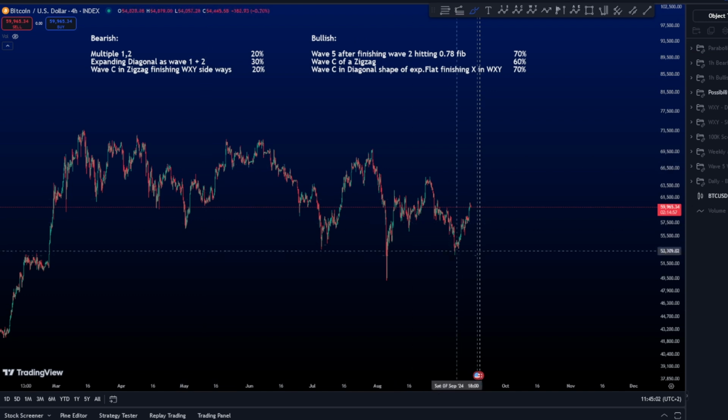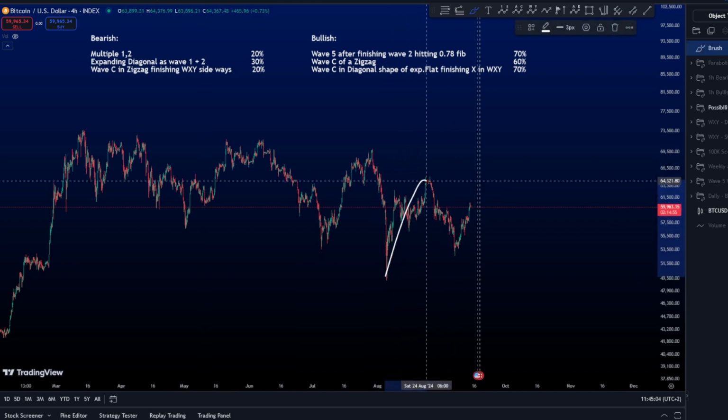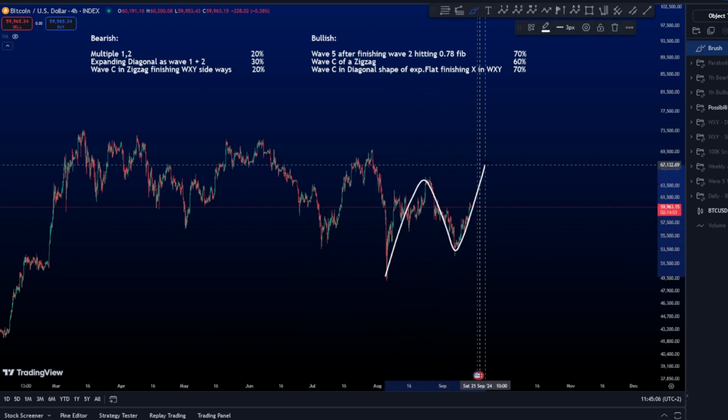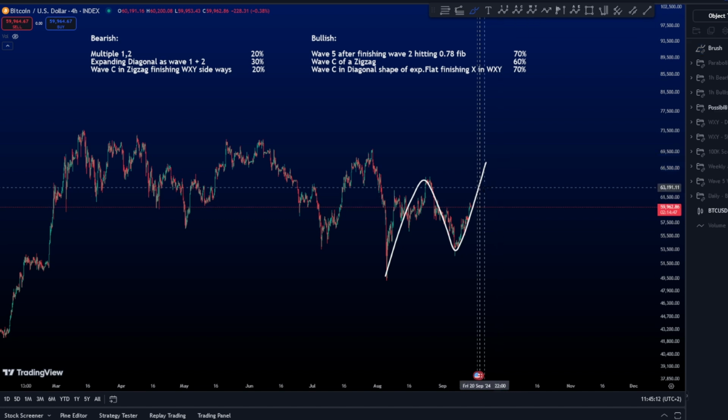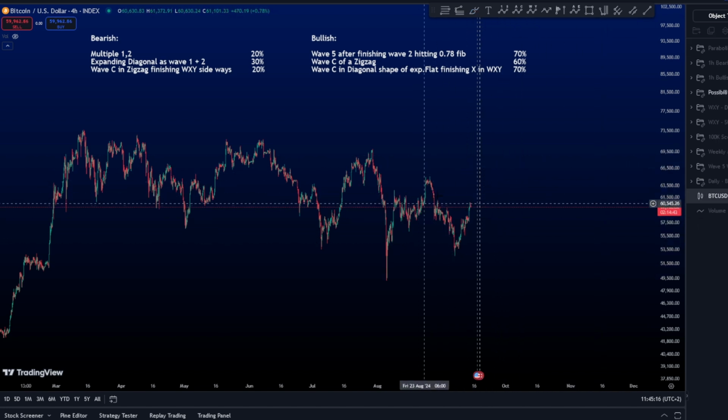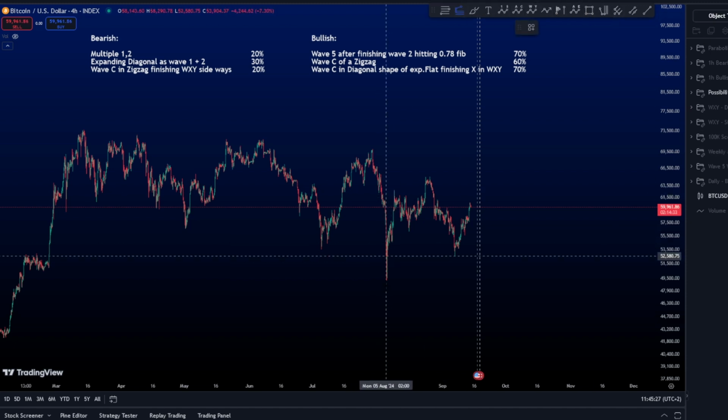Here we are looking, of course, after finishing a correction, at a zigzag potentially as A, B, and C. Your C, you want to touch exactly the 1-to-1 fib level, and that is, of course, given already before. So if you want to have this fib level, we can take it again here, no problem.